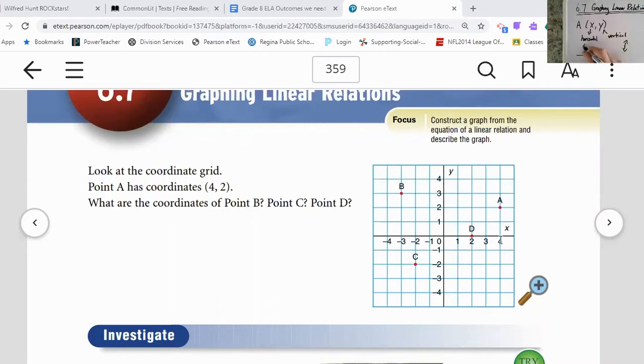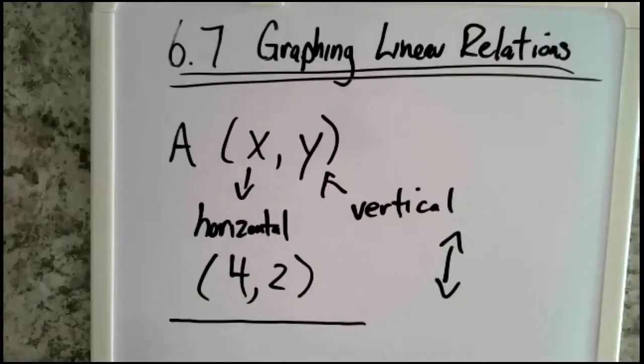So in our coordinate points, we write 4 as our first point. And then we go with our y-axis, which is our vertical, or up and down. A, if we go over here, is 2. So if we look at this again, we can say the coordinate points of point A would be 4, 2.